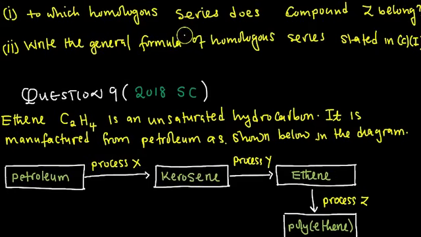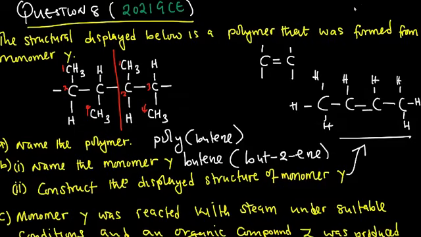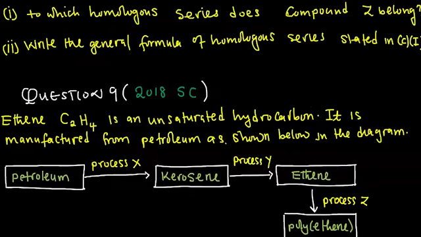Butanol, alcohol. Now, is it a question that we've been asked? No. The question is to which homologous series does it belong? Compound Z. Compound Z is the one that is formed after hydration or adding of steam. So it belongs to what? Alkanols or alcohols. Okay? Alkanols or alcohols.